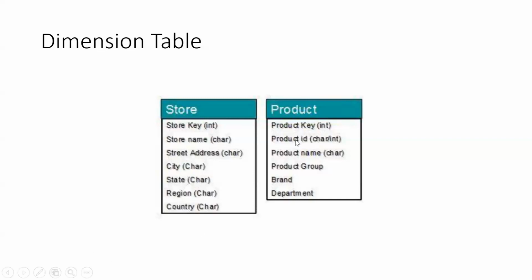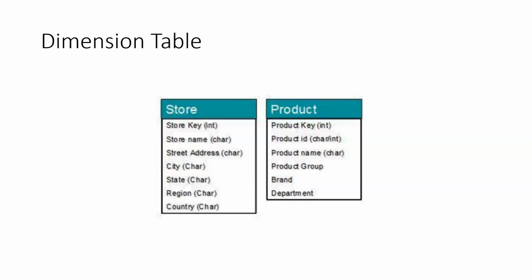As per the columns, you can see product key, product ID, product name, product group, product brand, department. So I'm not going to introduce a new product on a daily basis. Maybe for 1 month, there is no change for the product table. Maybe after 1 month, I can see a new product has been launched and that particular product is very popular, and the marketing is also good for that product.